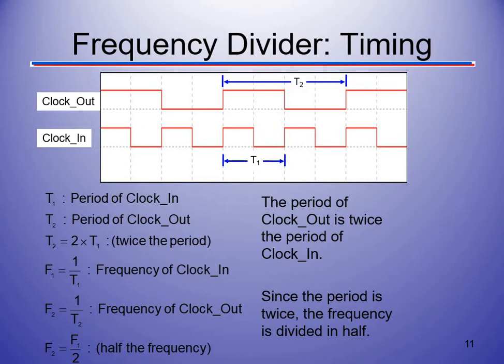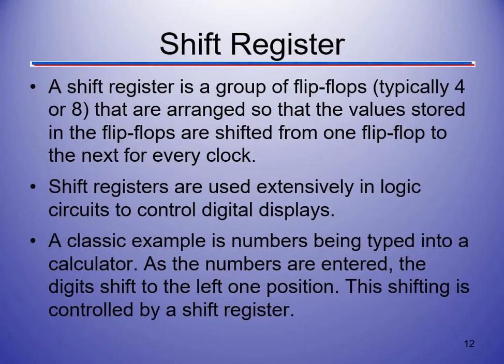So the period of our clock out, all right, is going to be twice as long because we divide it in half. So it really takes 2 rising edge times to our original one, if that makes sense, okay? So that's why it's divided by 2, because the period T2 is twice as long as the period T1. So that's how we do our divide by 2. Okay, using itself for feedback. And if we want to string that out even longer, we add more flip-flops in series with one another.